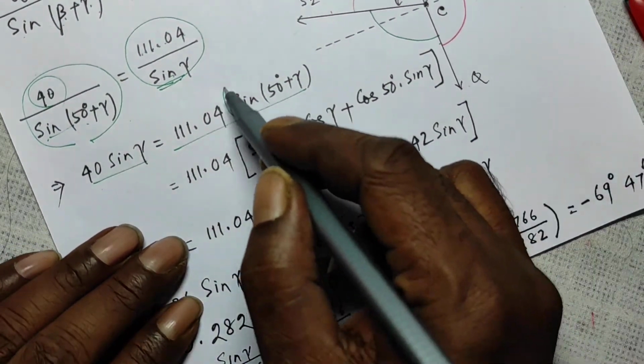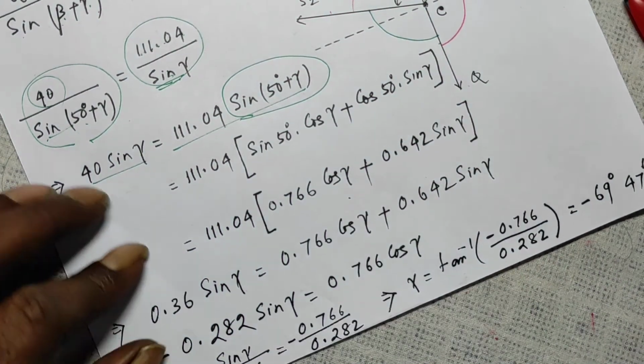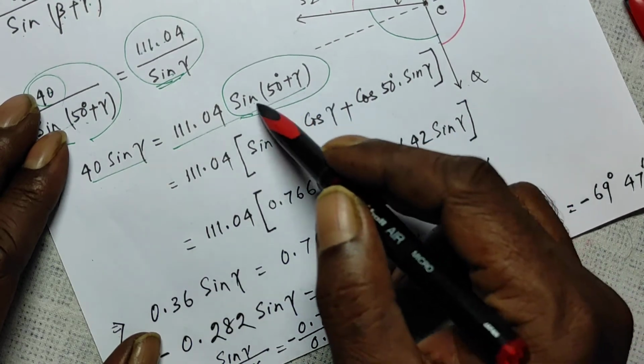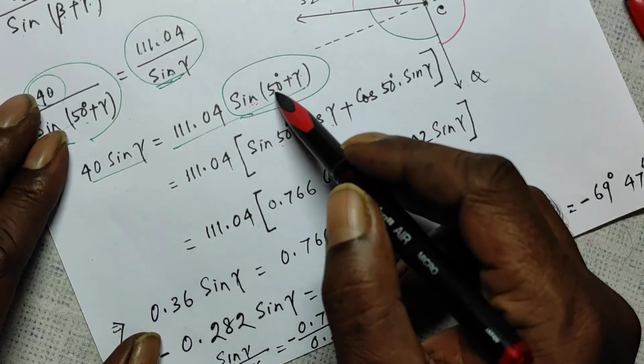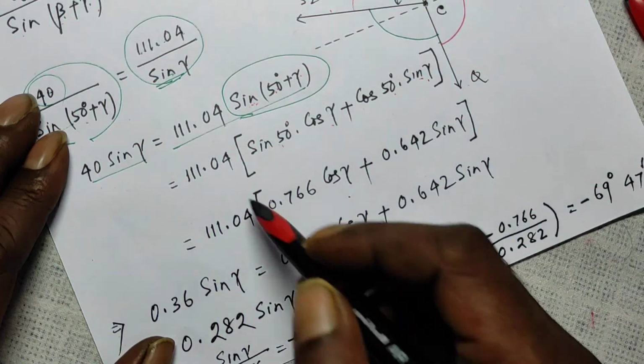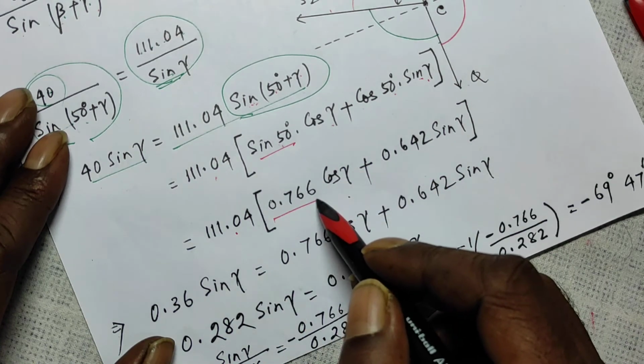This comes under trigonometry. Sine of A plus B is equal to sine A cos B plus cos A sine B. Put the value of sine 50 from a scientific calculator.